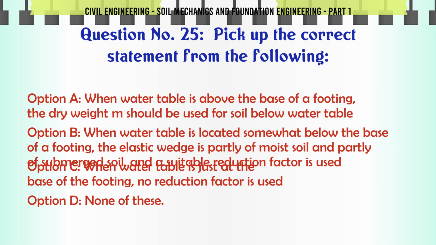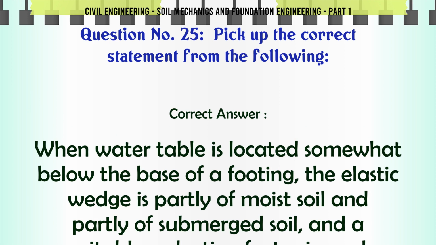C. When water table is just at the base of the footing, no reduction factor is used. D. None of these. The correct answer is when water table is located somewhat below the base of a footing, the elastic wedge is partly of moist soil and partly of submerged soil and a suitable reduction factor is used.